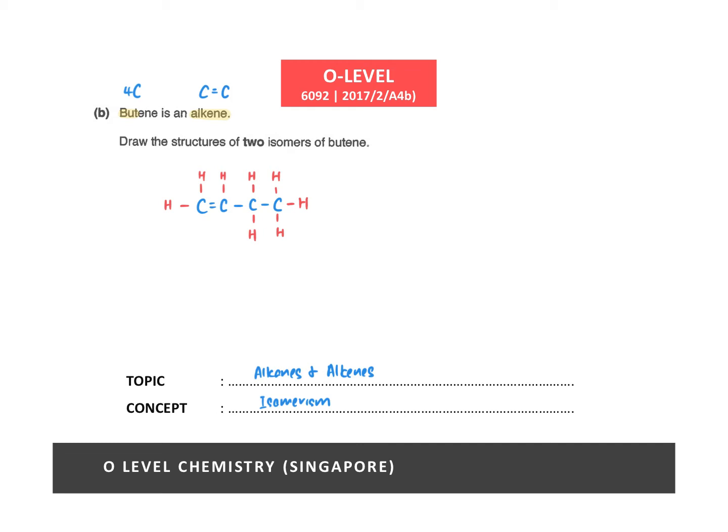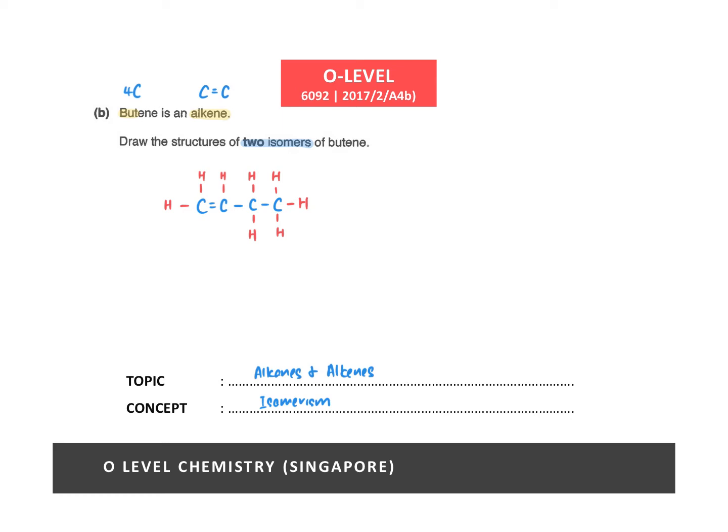Next, you are supposed to draw the structures of 2 isomers. So we have already drawn one. What we have here is 1 isomer of butene. So we need to draw another butene molecule with a different structure or different arrangement of atoms.